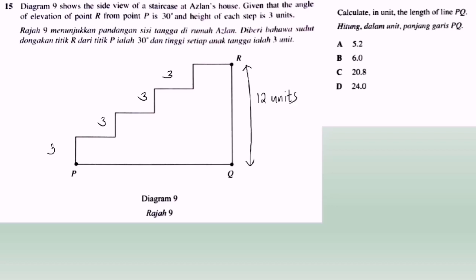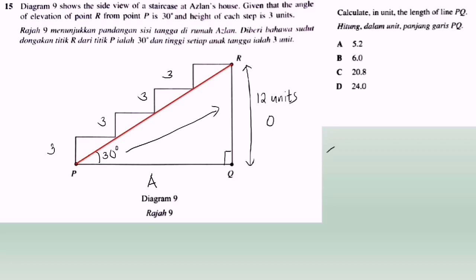If we draw a line from P to R, we can see a right angle triangle here. And the angle RPQ equals 30 degrees. So now we can use trigonometry to find the length of PQ. We have the angle 30 degrees and the opposite side 12 units, and we need to find the adjacent side PQ.